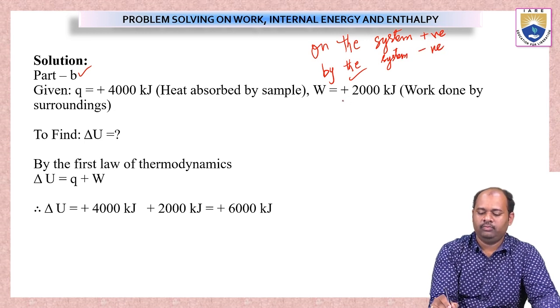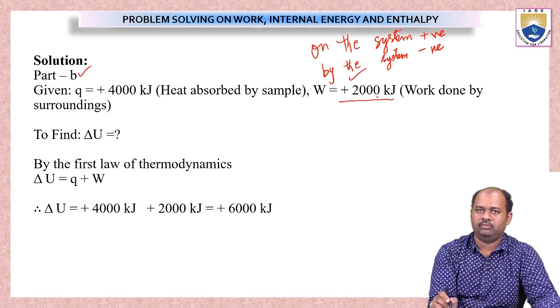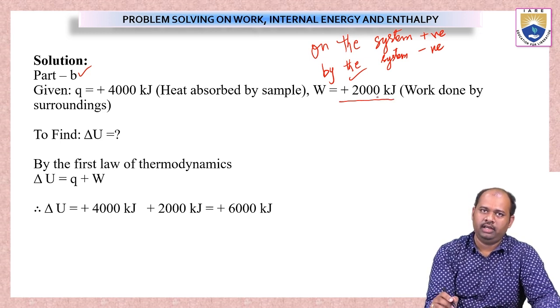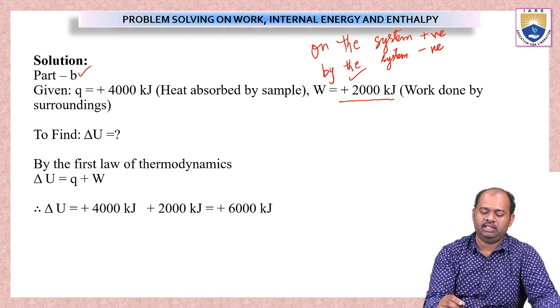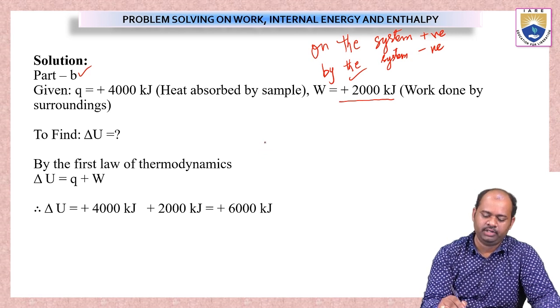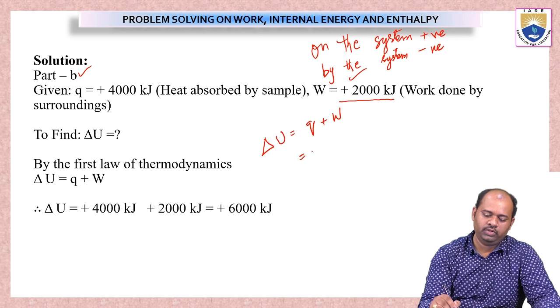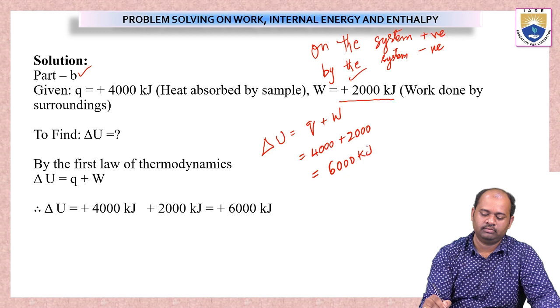Now here, we have taken the 2000 kilojoules value as positive, and we can calculate the change in internal energy by simply using the formula delta U is equal to Q plus W. Q is nothing but 4000 plus W is nothing but 2000, which will give you a value of 6000 kilojoules.